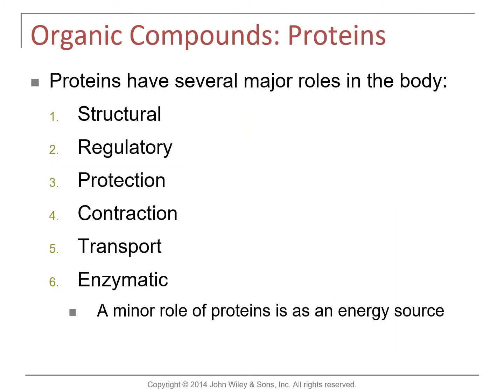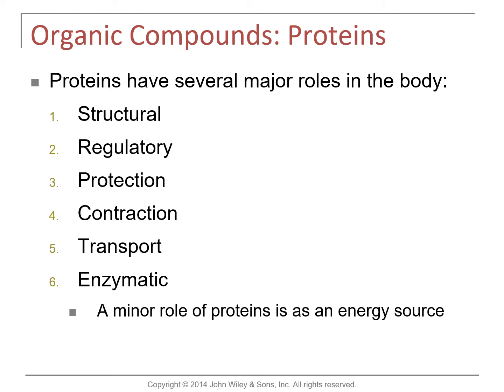Proteins are a major nutrient in your body and have several major roles. Some proteins are structural, such as the ones that make up the cytoskeleton, or the collagen fibers in your connective tissues and your bones, or the connective tissues that help to bind organs and separate them from each other.